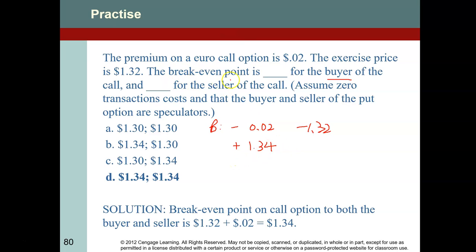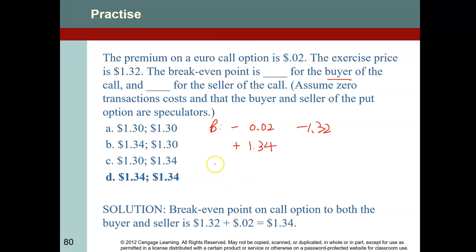So this is the break-even point for the buyer. If we can exercise the option at 1.32 and sell the euro on the spot market at 1.34, we receive 1.34 and at the same time we pay 1.34 altogether. We're going to break even.